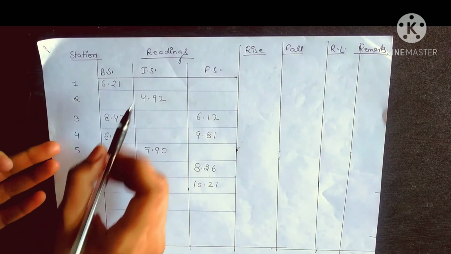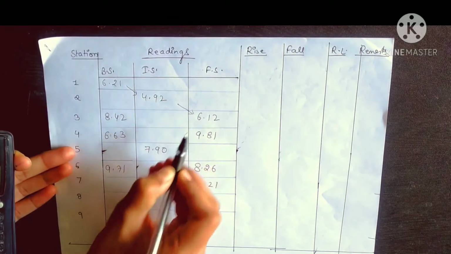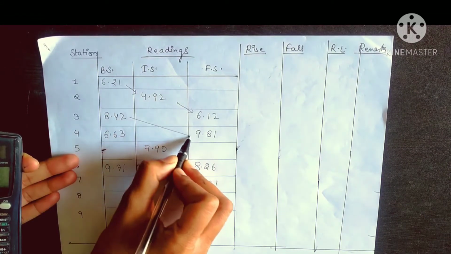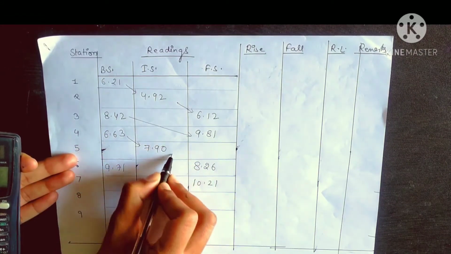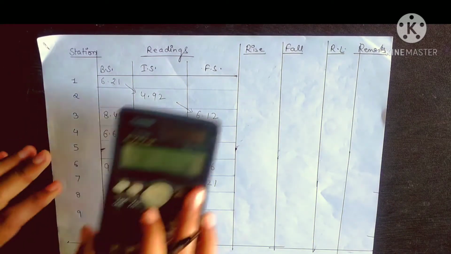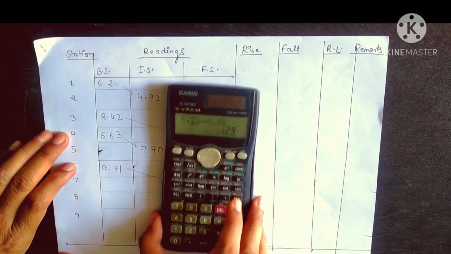Previous reading is 6.21. We have to go like this, minus this, then minus this, moving along the readings to find out the rise and fall. The rise is the positive reading and fall is the negative reading.